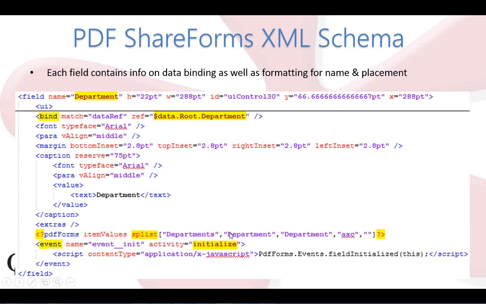It's finding the department column in that list. It's sorting it by ascending, and there are a couple additional parameters in here that are not specified as well. And then there's also an event associated with this SharePoint list, and basically it says to initialize this control with the results of this query to the SharePoint list.